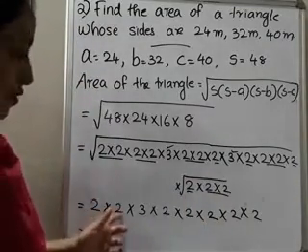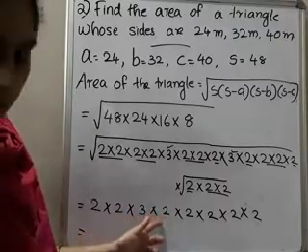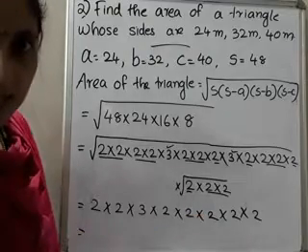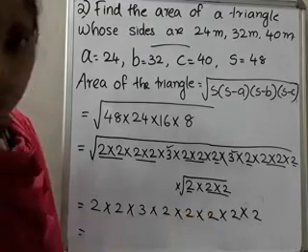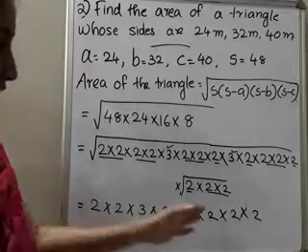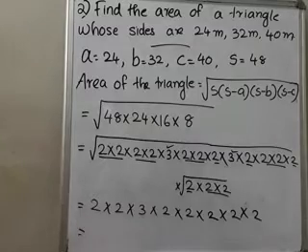Then you have to multiply all those. That is 2 into 2 is 4. 4 into 3 is 12. 12 into 2 is 24. 24 into 2 is 48. 48 into 2 that is 96. 96 into 2, what is that? Likewise you have to calculate. So please calculate this.